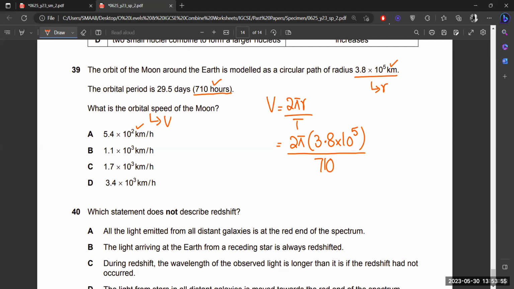So if we calculate it, first of all, multiply by the value of pi, multiply by 3.8 exponent 5, divided by 710.